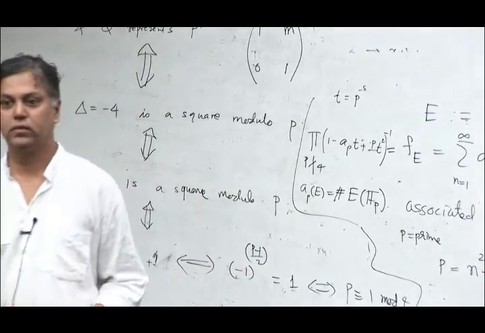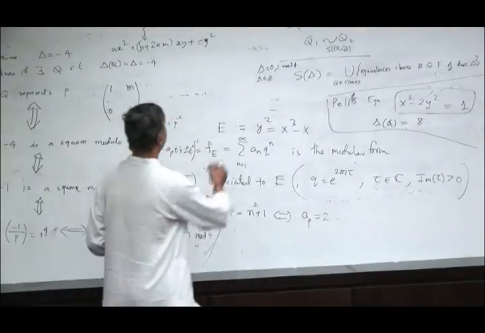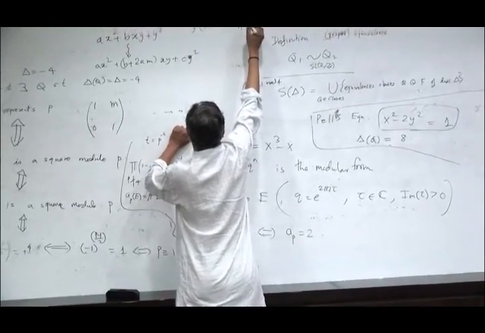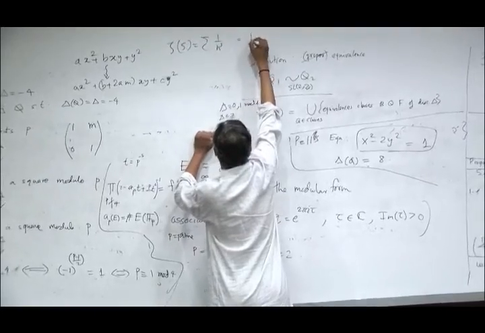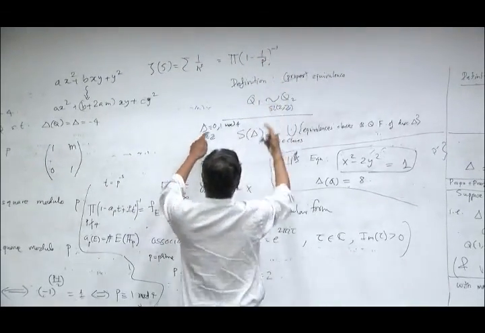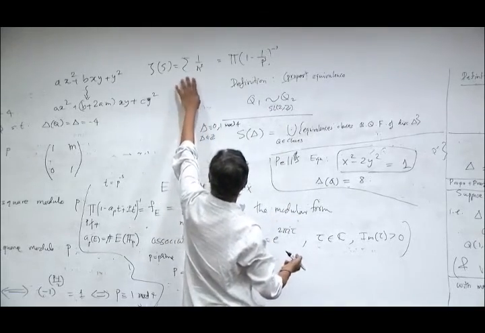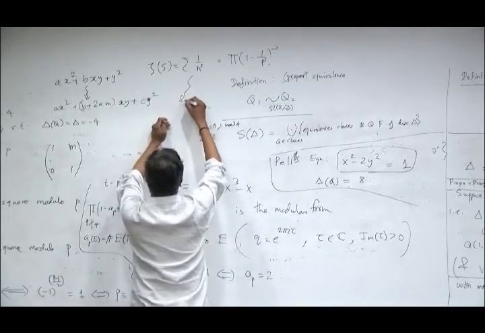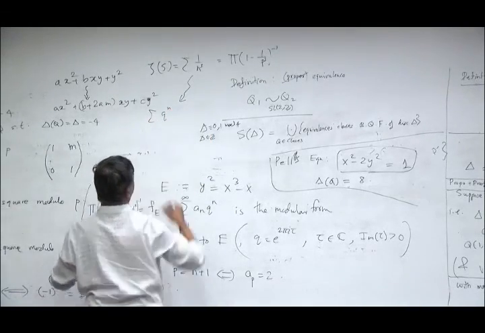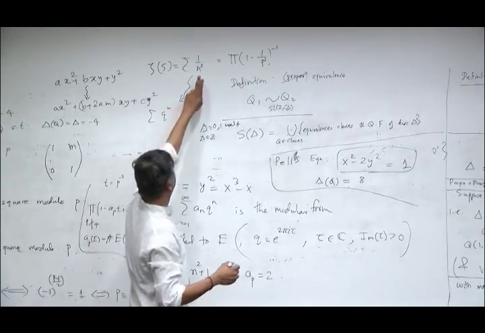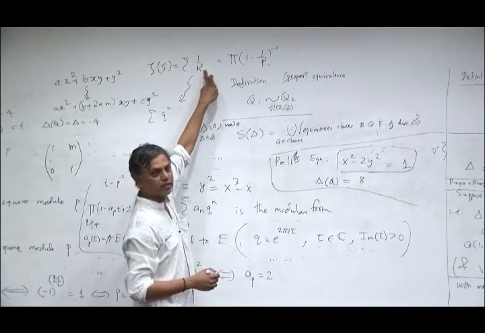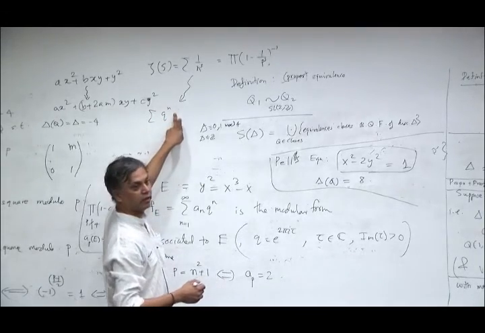It's like the zeta function. If I take zeta s, which is the summation of 1 over n to the s, this is equal to a product over primes, maybe this is a better way of saying it. Then what one naturally associates to this is q to the n, so to say. For every n, the coefficient of that n is 1. So if you have a_n n to the s, I would put it as a_n q to the n.